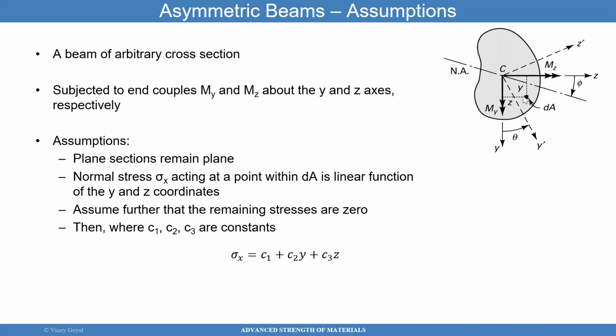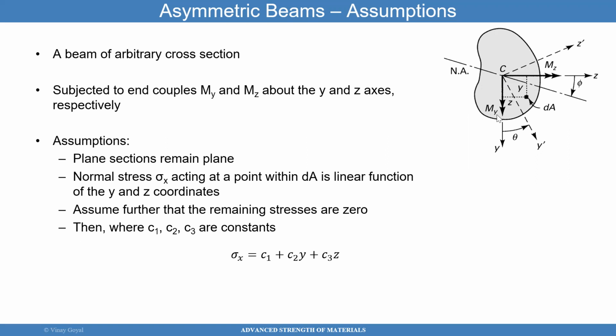Remember, the plane of the cross section here is YZ, so X is out of the plane. We'll assume that the remaining stresses are zero, as we have discussed earlier.